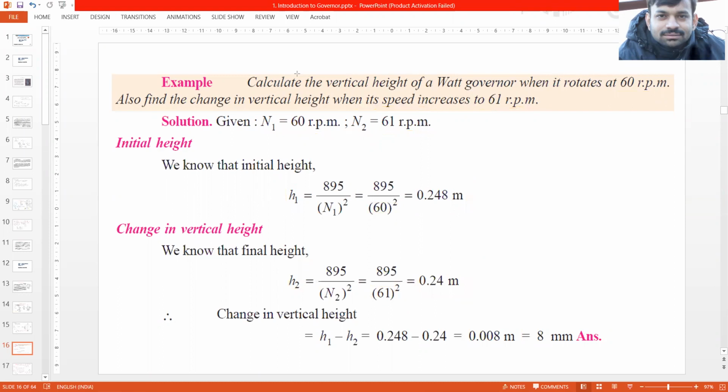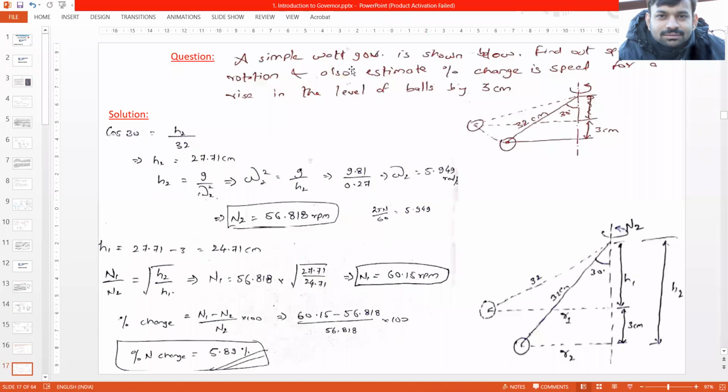Let's look at another question. A simple watt governor is shown below.